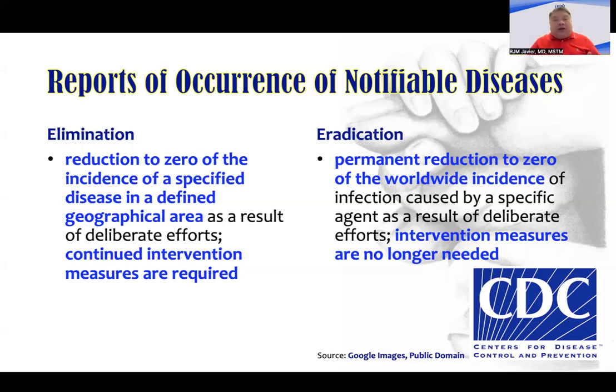There are continued interventions being required to maintain and sustain that zero incidence. In contrast, when I say eradication, there is a permanent reduction to zero of the worldwide incidence of that disease, and there are no active interventions being implemented to maintain and sustain that zero incidence.